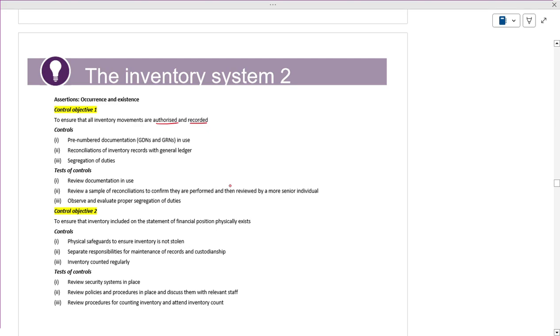You receive inventory, you send it to the warehouse. From the warehouse you send it for delivery, for sales. You receive the inventory, send it to the warehouse, and send it to the production department.